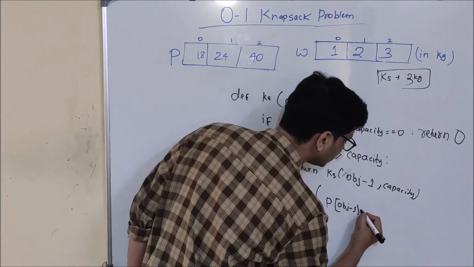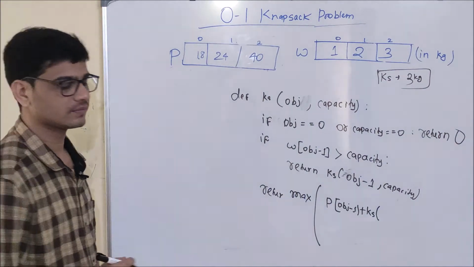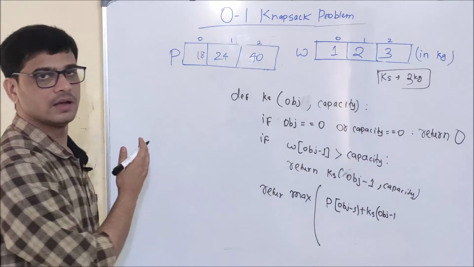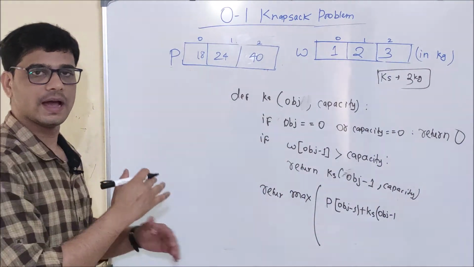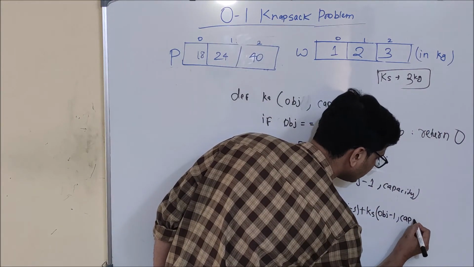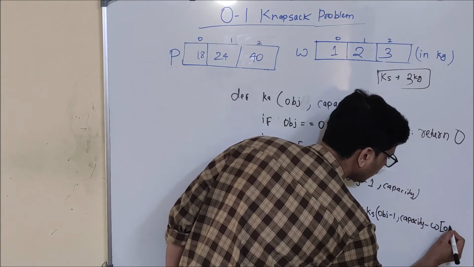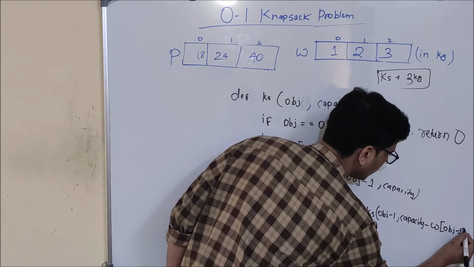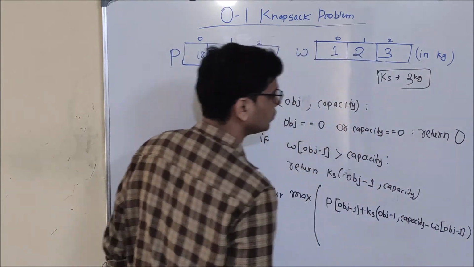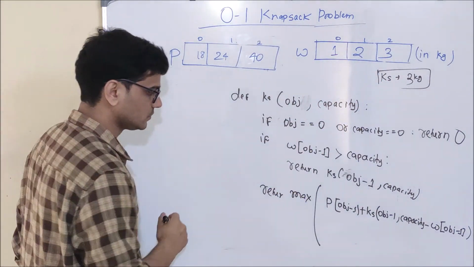And if I have considered this object, then I need to run knapsack on obj minus 1, as I have taken a decision on this object, and my capacity will be reduced: capacity minus W of obj minus 1.